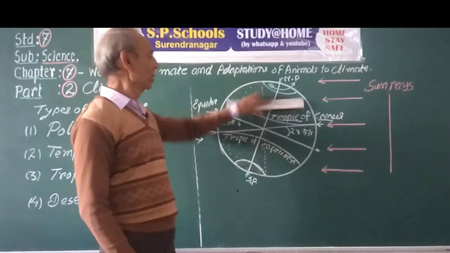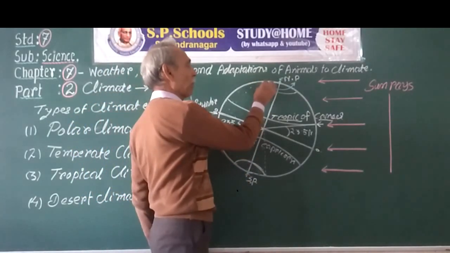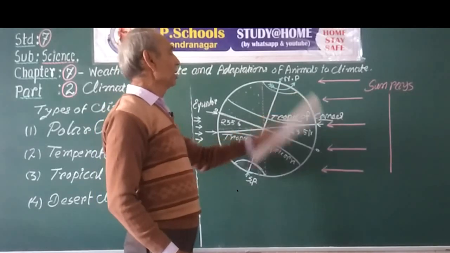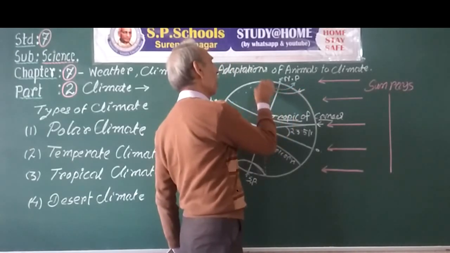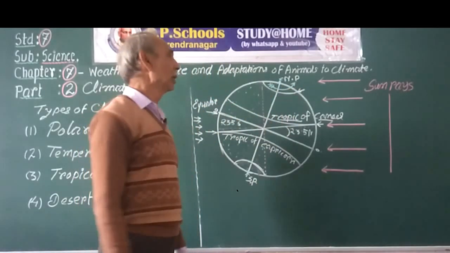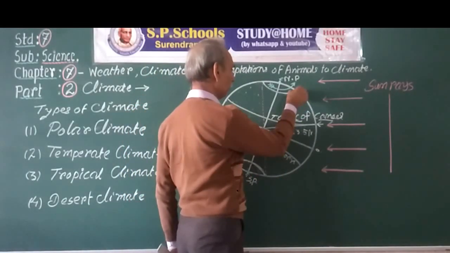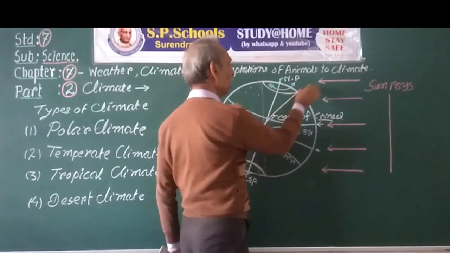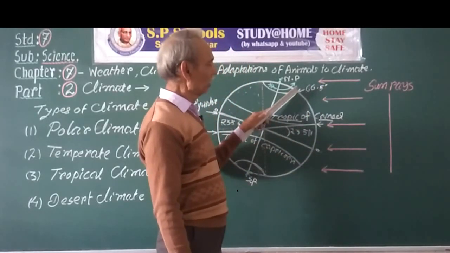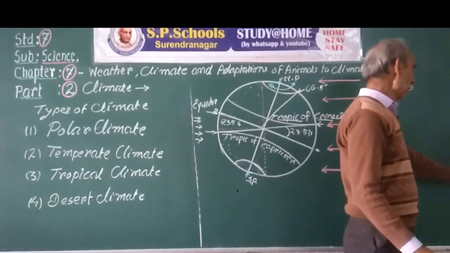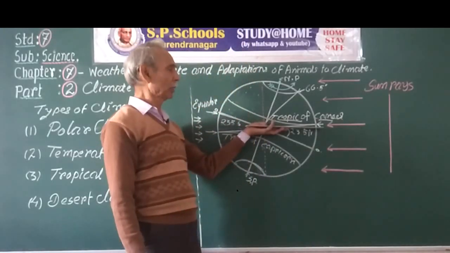The middle part is called the temperate zone. This circle around the North Pole makes an angle of 66.5 degrees with the plane of the orbit of the Earth.